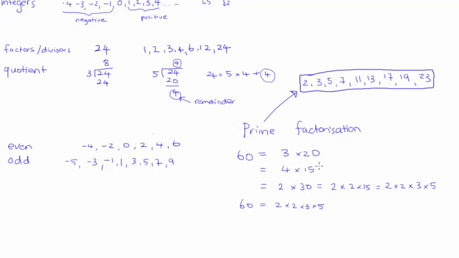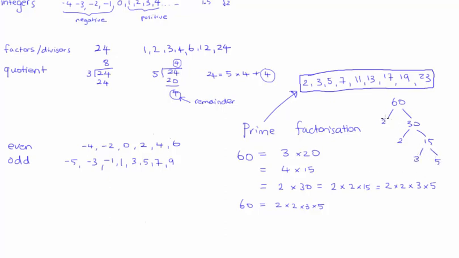There's a method called the branch method for prime factorization. It goes like this. You may find it easier than the method that I showed you here. 60 can be divided by 2 and 30, and keep dividing 30. So 2 and 15, and 15 becomes 3 times 5.